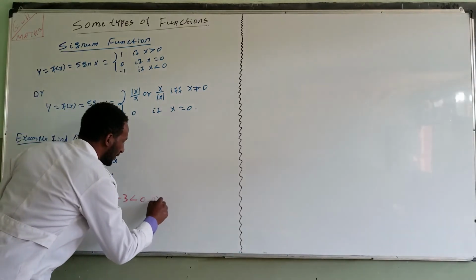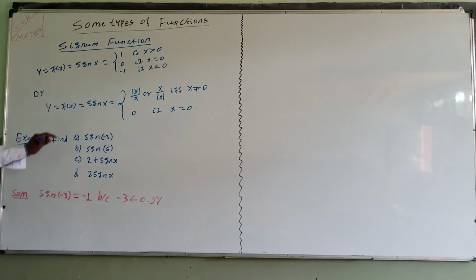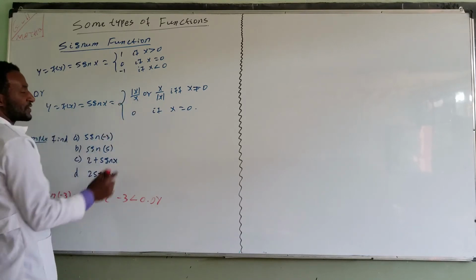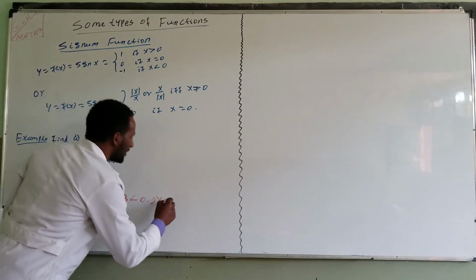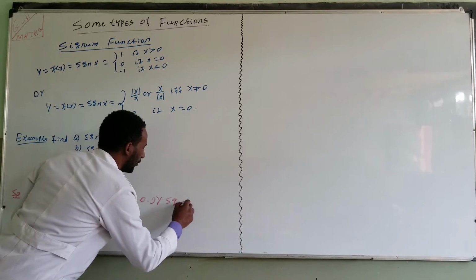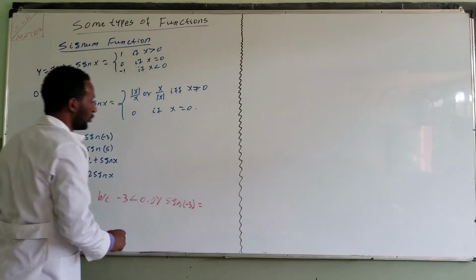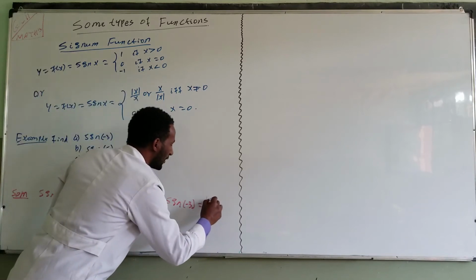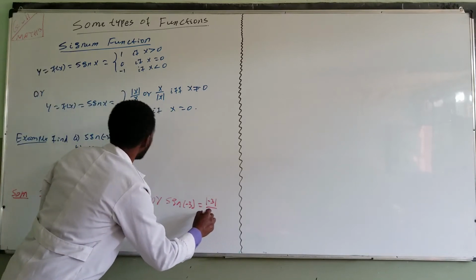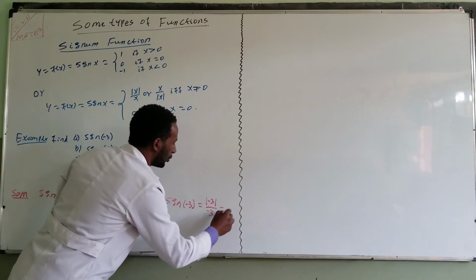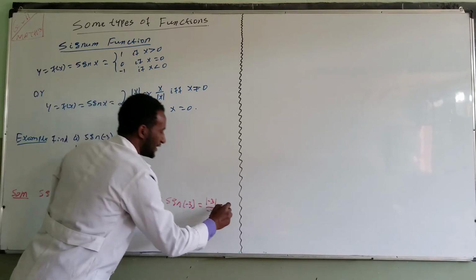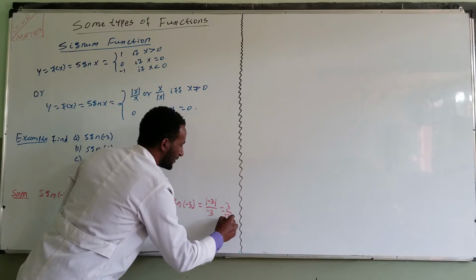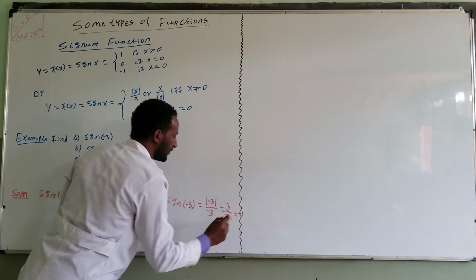Or we can find the value by using this expression: signum of negative 3 is equal to absolute value of negative 3 over negative 3, which is 3 over negative 3, which is equal to negative 1.